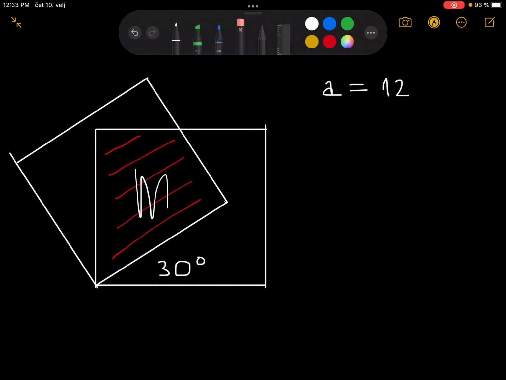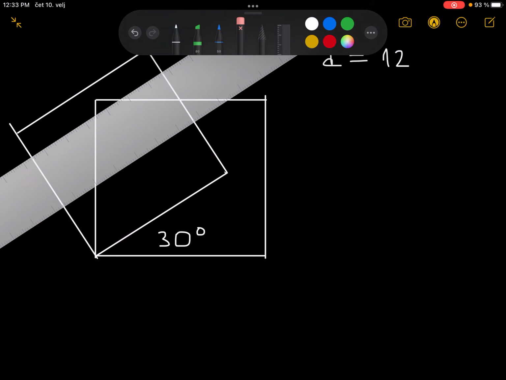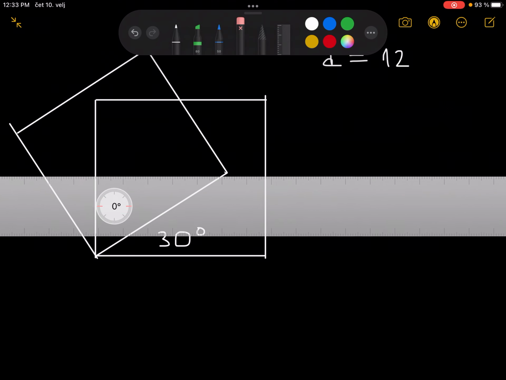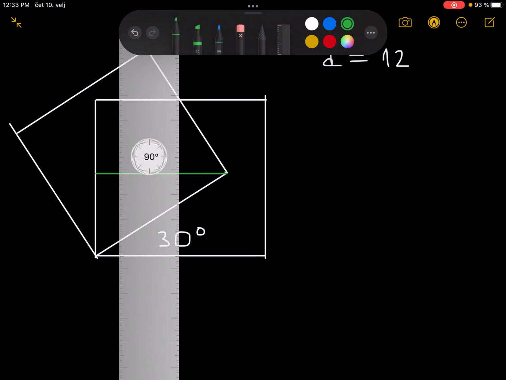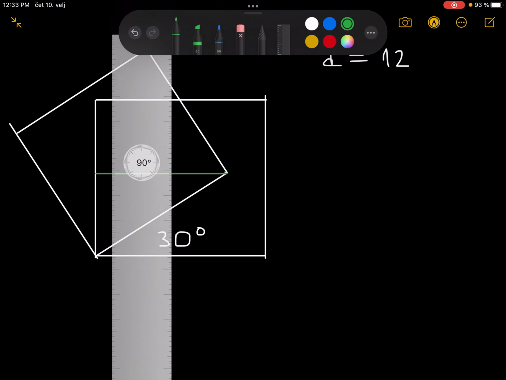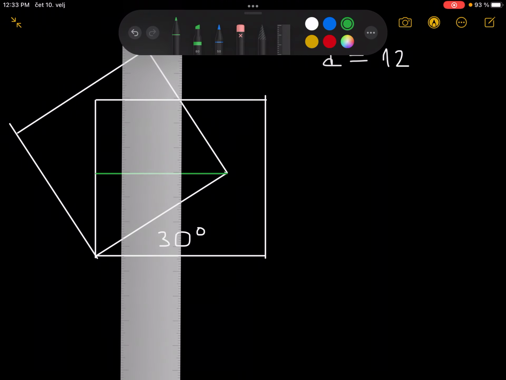Okay, so I'm first going to erase these red lines just because it will make things a bit simpler. And then I'm going to draw some more lines. I'm going to do it in green, and they're going to help us solve this problem.